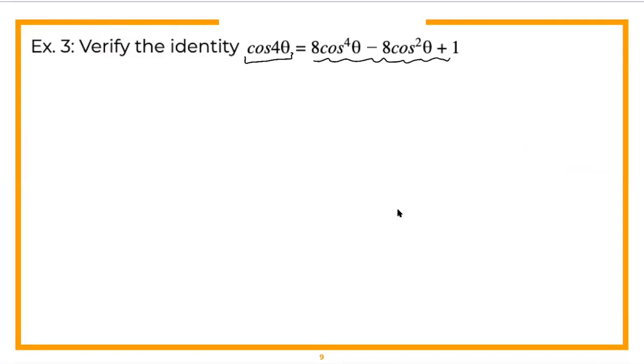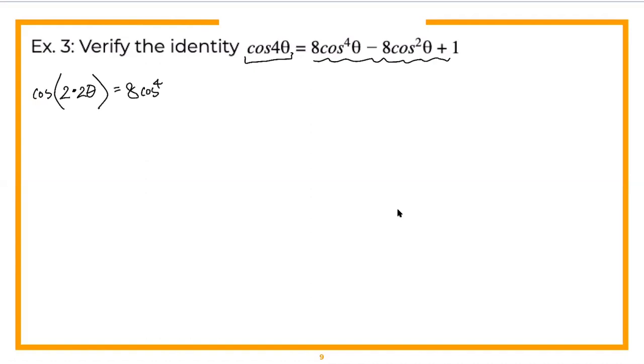I know this because we're in the double angle unit, but also I noticed that 4 is an even number, and so I could think of 4 theta as 2 times 2 theta. So I'm going to make cosine 4 theta into cosine of 2 times 2 theta.